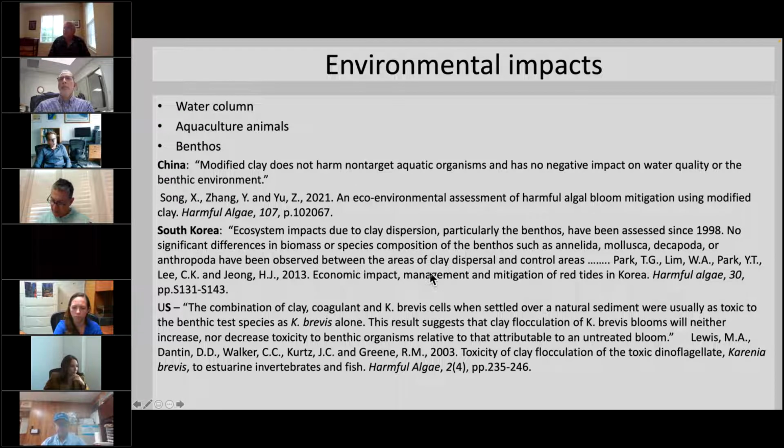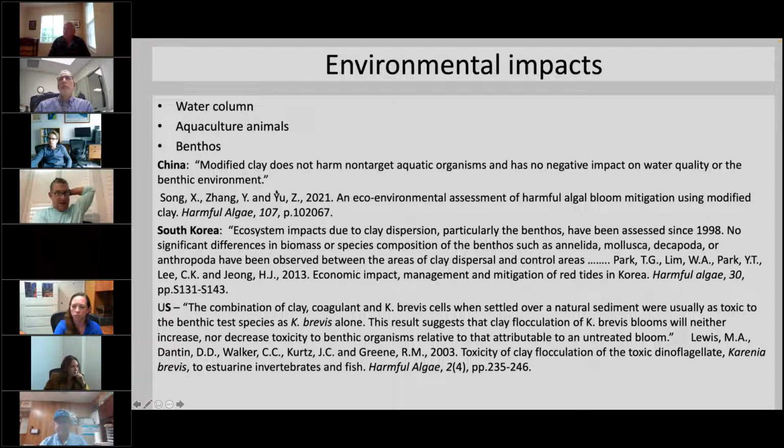So in terms of environmental impacts, people have done so many studies, so many papers out there looking at the water column, aquaculture, looking at the benthic community. And I just have a couple of references here. If people look at the slides and get them, you can look these up. These are reviews that give a great deal of information. In China, a quote would be, modified clay does not harm non-target aquatic organisms and has no negative impact on water quality of the benthic environment.